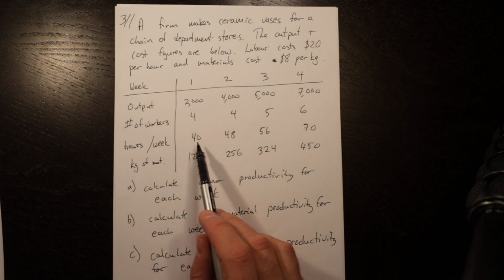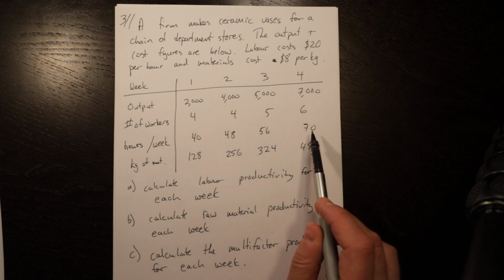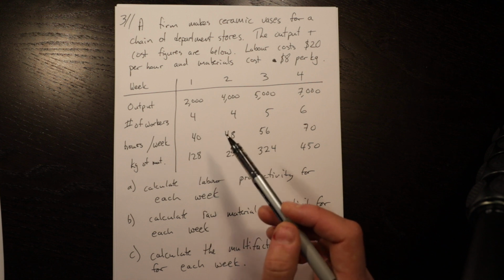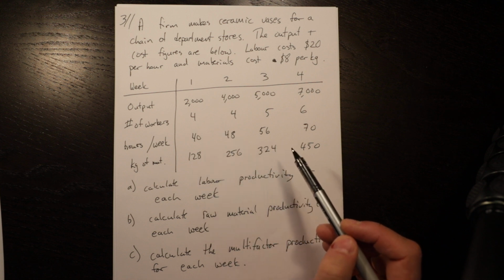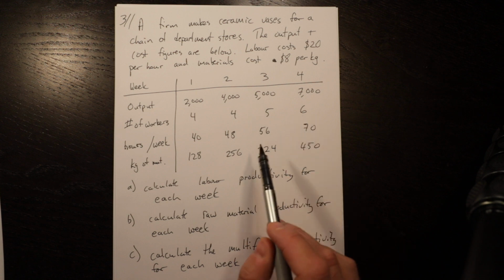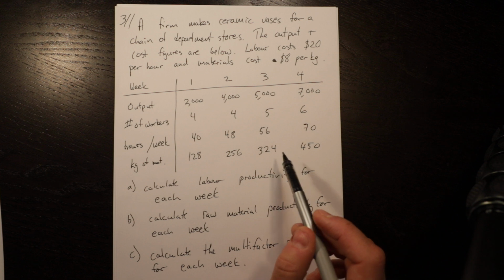Hours per week also goes up, 40, 48, 56, 70, which tells you that as units of input, we can't use individual numbers of workers because they're also working different hours per week per worker. And so we have to convert to hours. That just highlights there that we need to think about units.